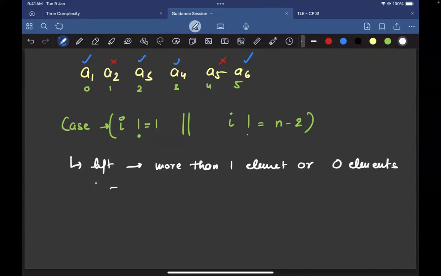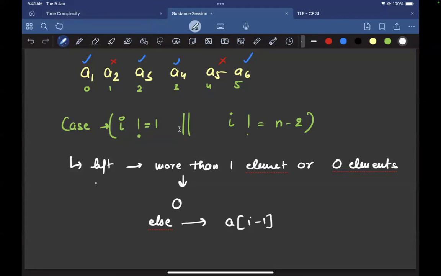Then I can say that the left half is 0. Else, the left half is A of I minus 1. Is that right? Or just the previous element, basically?